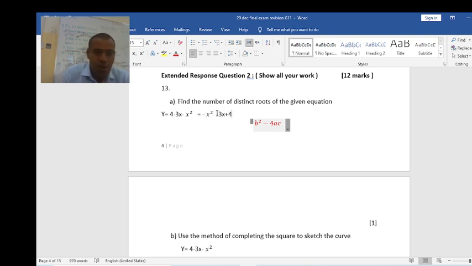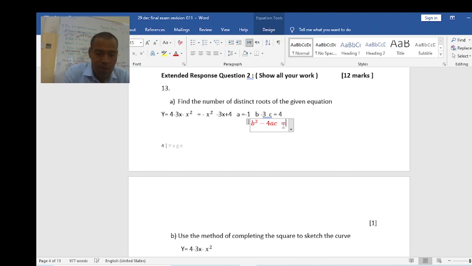Now a is negative 1, b is negative 3, and c is equal to 4. Now just calculation, it will be negative 3.